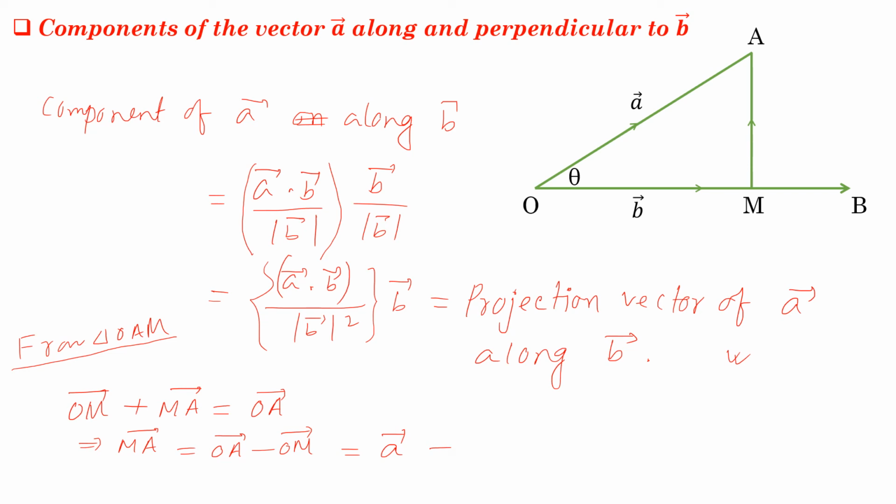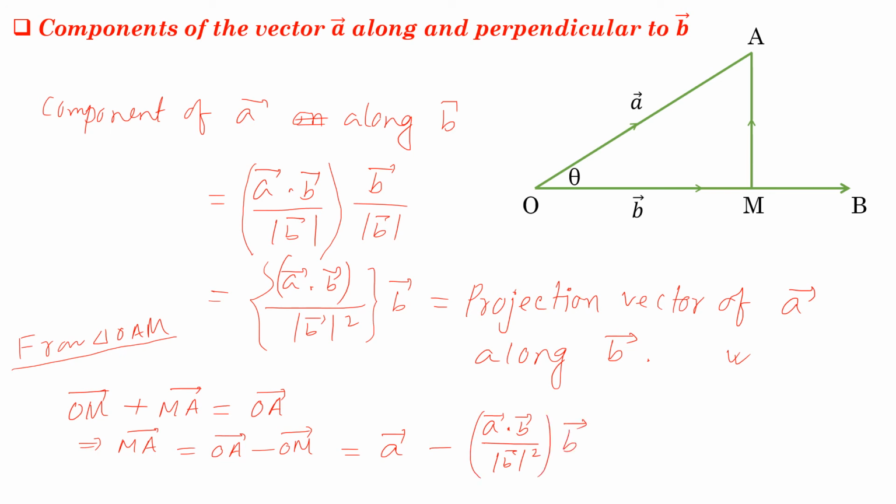OM bar is nothing but the projection vector of a bar on b bar, and that is already obtained in the previous line. It is simply a dot b divided by mod of b square, into b bar.